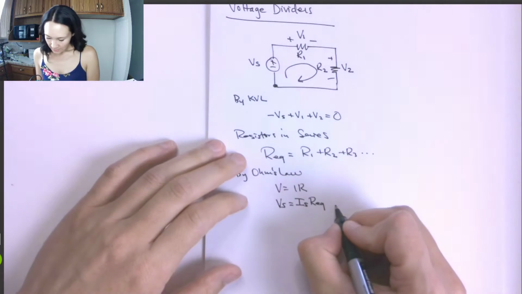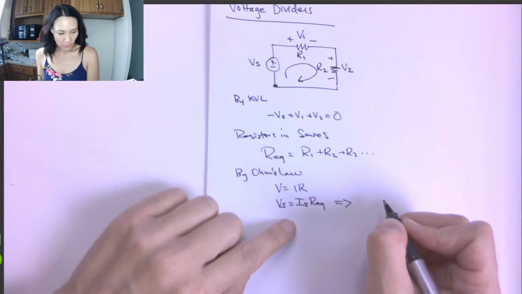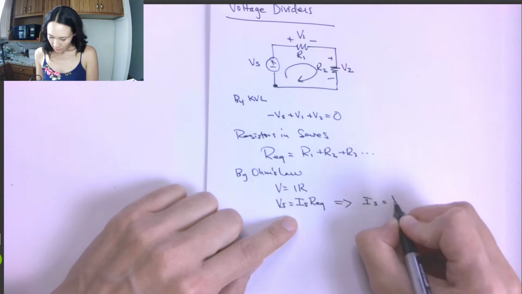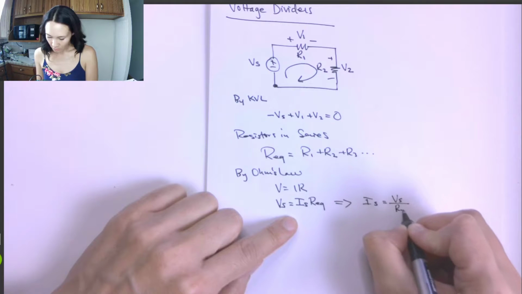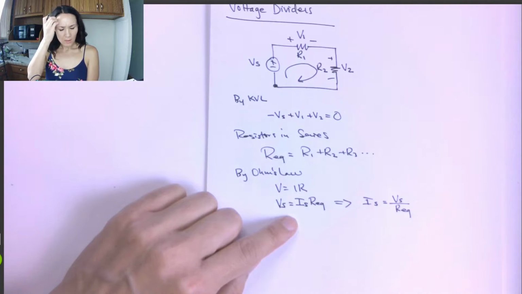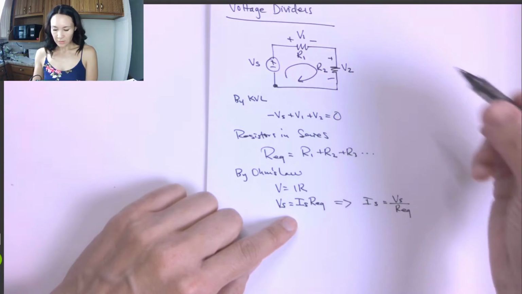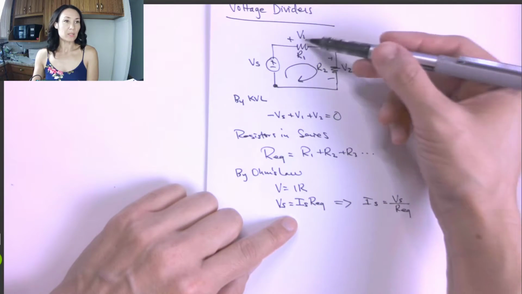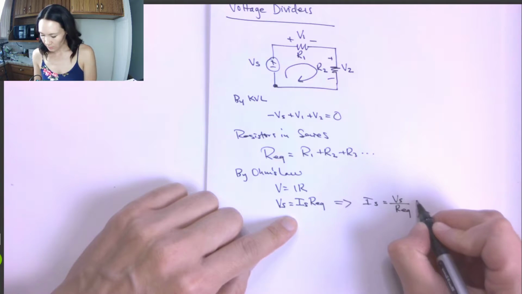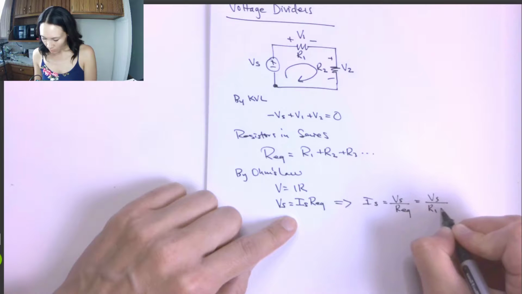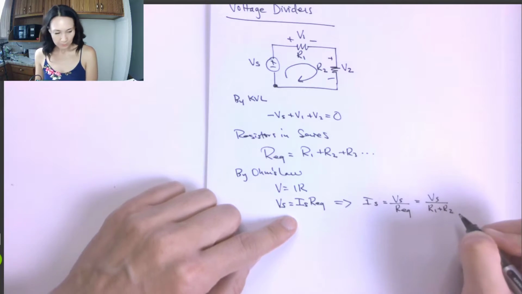Okay, great. So that means I can rearrange terms to give me Is is equal to Vs over R equivalent. Now, for this example here, our R equivalent is just going to be R1 plus R2 because we only have these two resistors in series. So this is Vs over R1 plus R2.